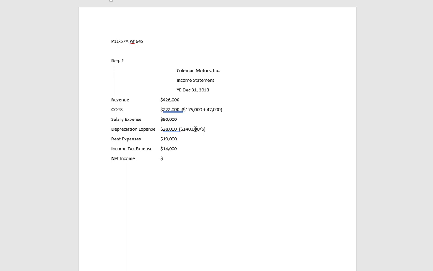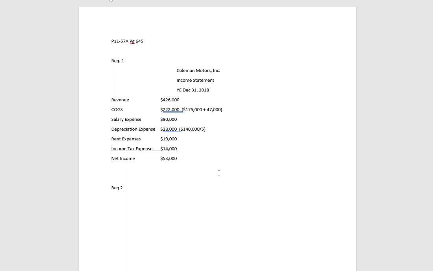So net income when all is said and done should be 53,000, right? So if we put a line underneath that, that's what our net income should be. So that's just the basic income statement that they ask from requirement 1 for us. Okay, so hopefully that makes sense.